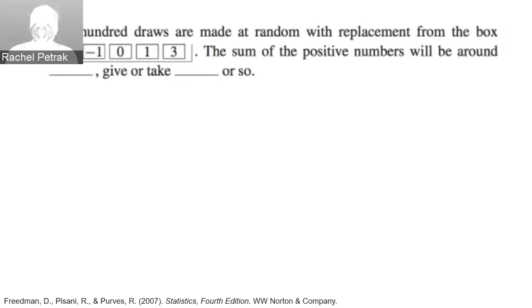So we have 2 problems left in this chapter. 100 draws are made at random with replacement from the box: -2, -1, 0, 1, 3. How's this going to work out? We need the sum of the positive numbers, and so we need our expected value and our standard error.